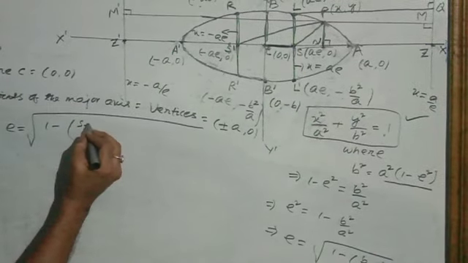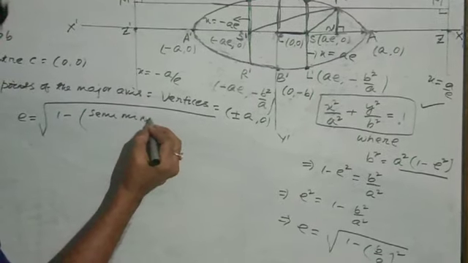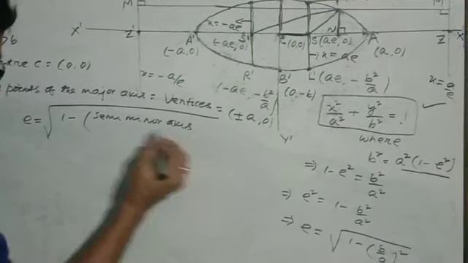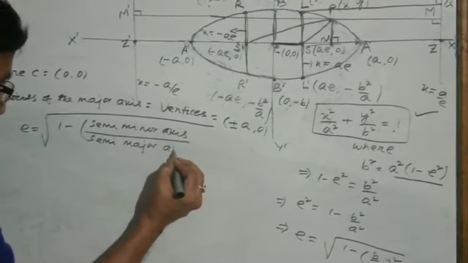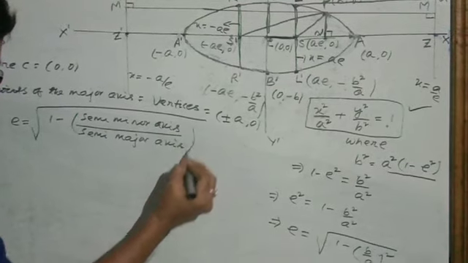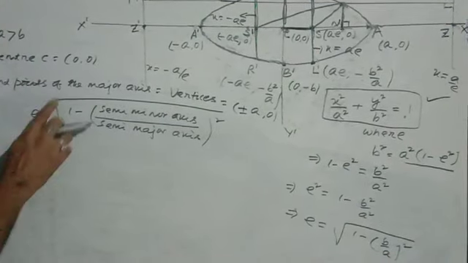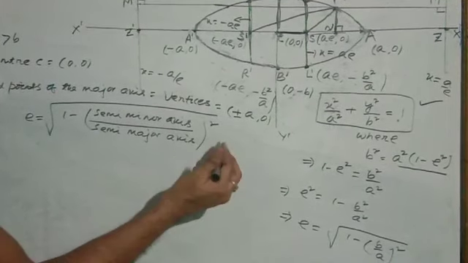So E is always the square root of 1 minus semi-minor axis by semi-major axis, whole square.